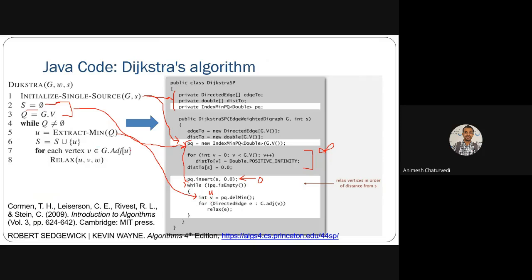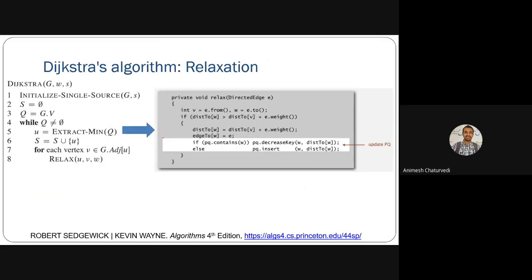So for each of the adjacency of this u, or you can say v, you are going to do this relaxation. Then next, this relaxation step, this whole thing.